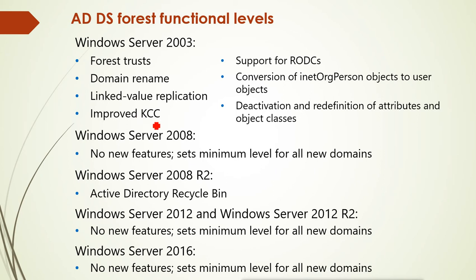KCC is for replication. Then support for RODC was there, conversion of inetOrgPerson objects to user objects, and deactivation and redefinition of attributes and object classes were possible at the Server 2003 functional level.